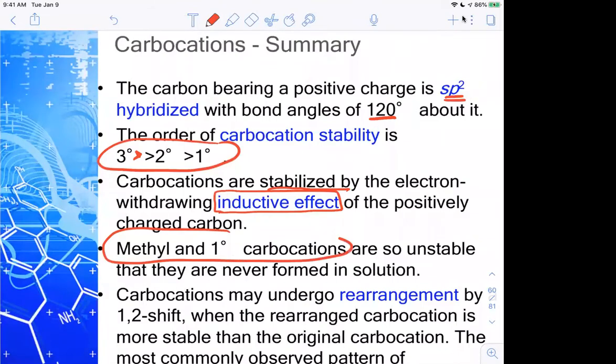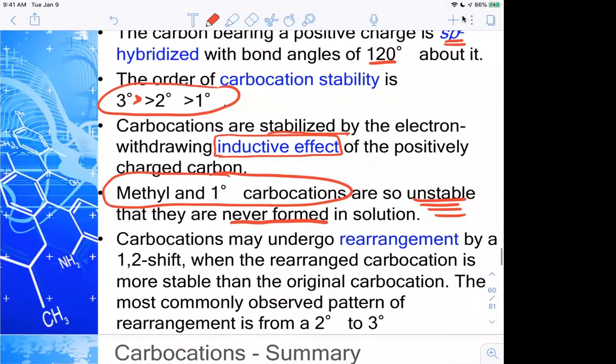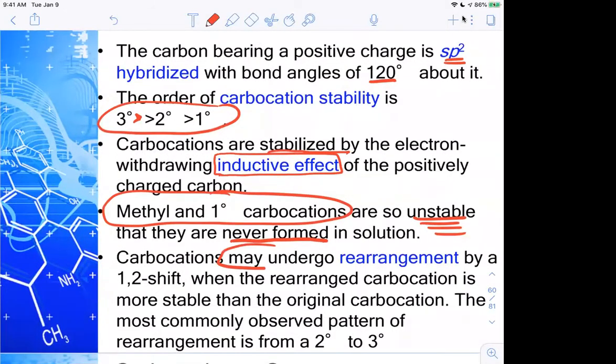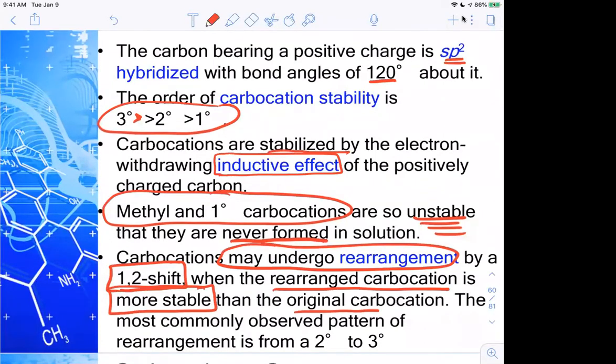Methyl and primary carbocations are so unstable that they actually never form in solution. And carbocations may undergo rearrangement by a 1,2 hydrogen or methyl shift when the rearranged carbocation is more stable than the original carbocation. The most commonly observed pattern is from a secondary to a tertiary.